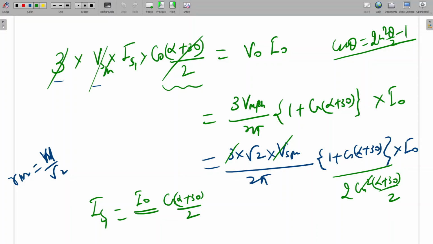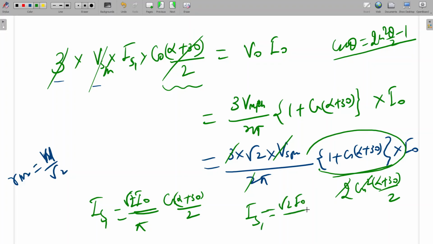So this 2 we are getting extra one. Here 2, that one will cancel. I have written it here, it should come here. So 2 will cancel. Root 2 I naught upon pi. I think it is correct now. IS1 will be root 2 I naught upon pi cos (alpha plus 30) by 2. Is it clear? Yes, clear.